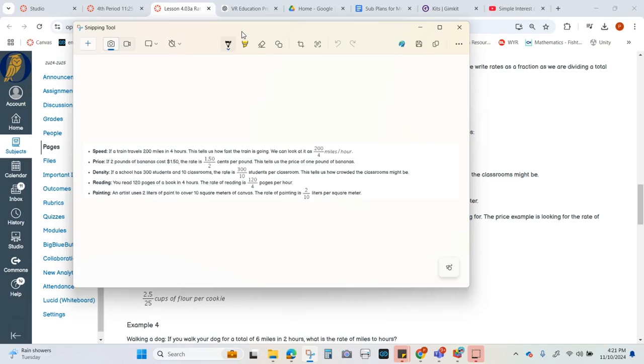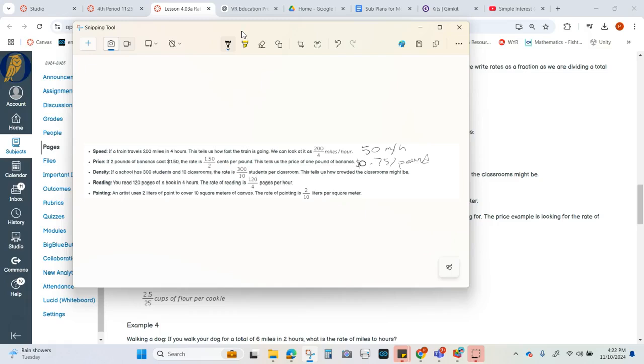So 200 divided by 4, which would be 50 miles per hour. This is $1.50 per 2 pounds, but to find the unit rate, we would do 1.50 divided by 2, which is $0.75 per pound.